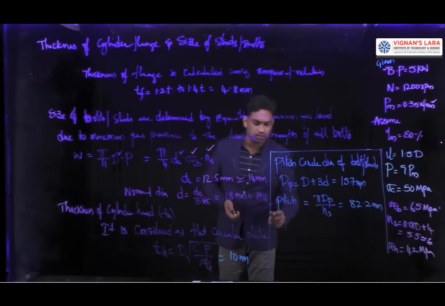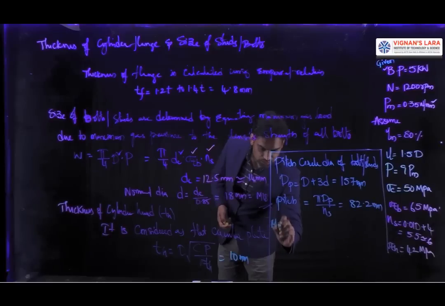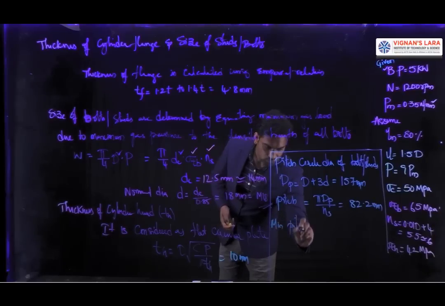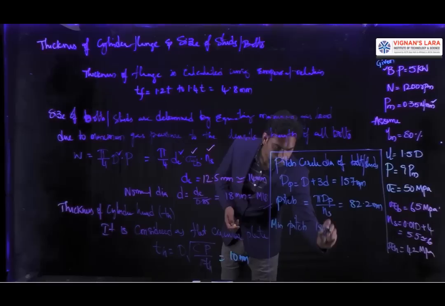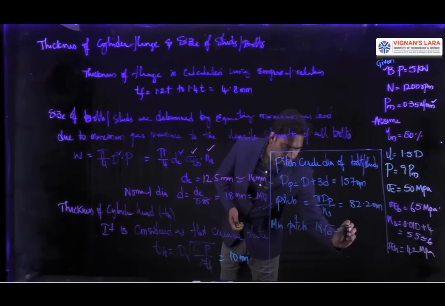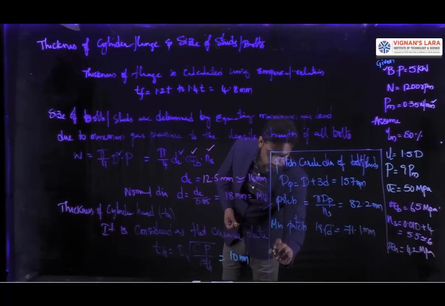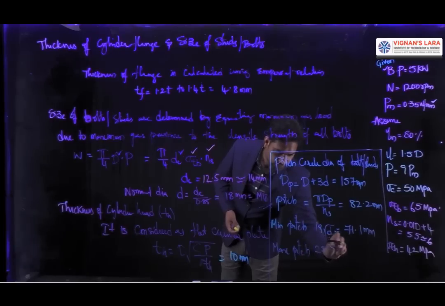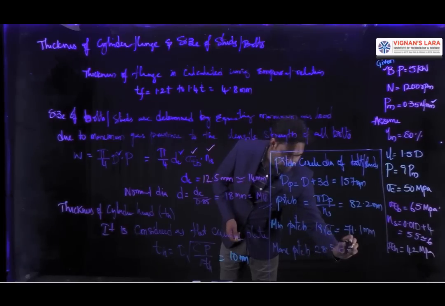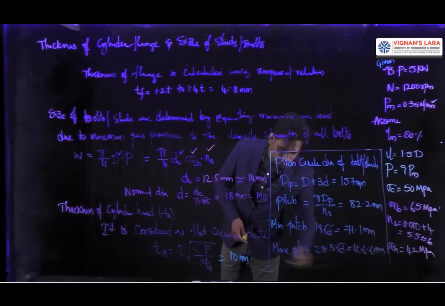So let us check whether it is in the range or not. The minimum pitch is 19 root D, which is 71.1 mm, and the maximum pitch is 28.5 root D, and the value is 106.6 mm. Clear?